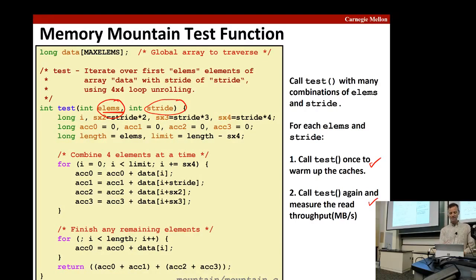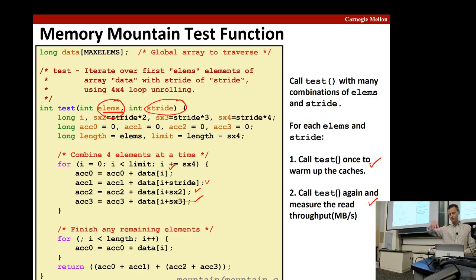This uses that loop unrolling trick we showed before, where you do 4 accesses within each inner loop. That would be starting from i, then i plus the stride, i plus the stride times 2, i plus the stride times 3.